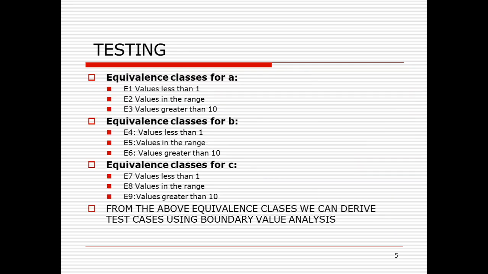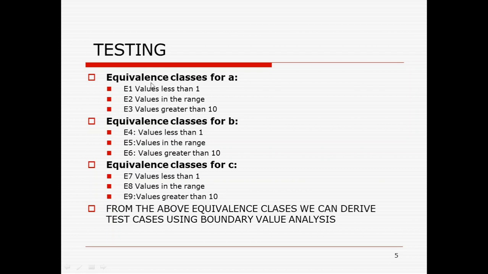Test cases are formed by forming the equivalence classes. The equivalence classes for A, the side of the triangle, are: one class which is less than 1, another which is between 1 and 10, that means in the range, and another which is beyond 10, greater than 10.